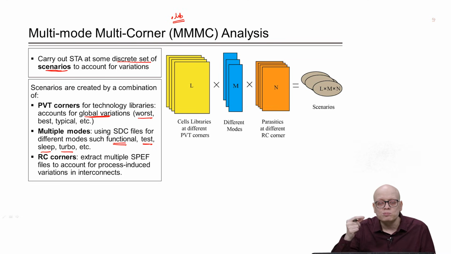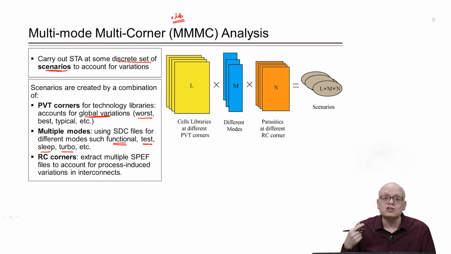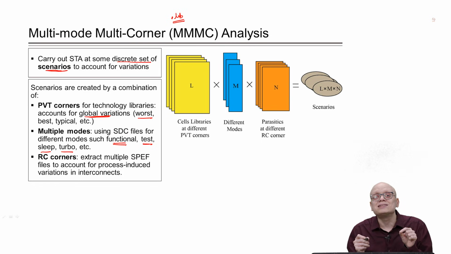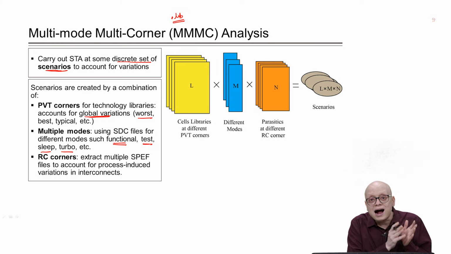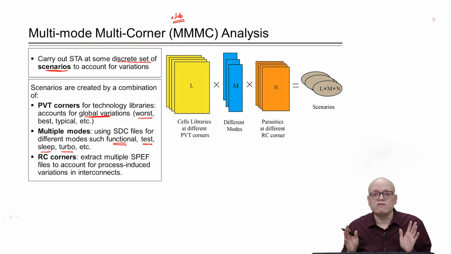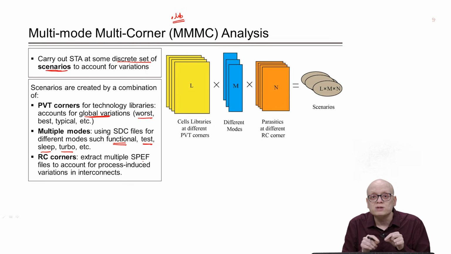For example, there will be small deviations in the thickness and the width of these lines, and because of those, the capacitance and resistance values of the interconnects can change. To account for that, we do not extract one parasitic file for our design. We extract multiple parasitic files for different RC corners. R stands for resistance, C for capacitance. So, for various RC corners we extract different SPEF files, or standard parasitic exchange format files, which contain the parasitic information of the interconnect.